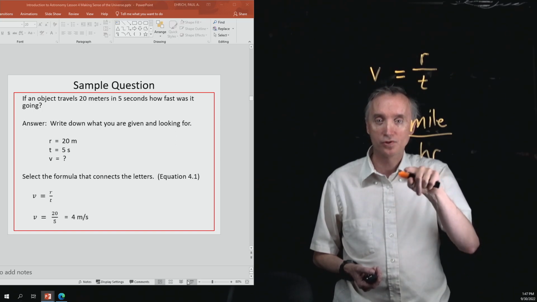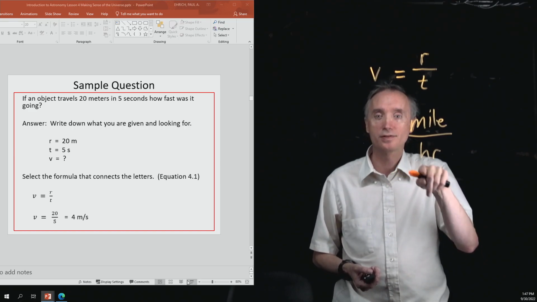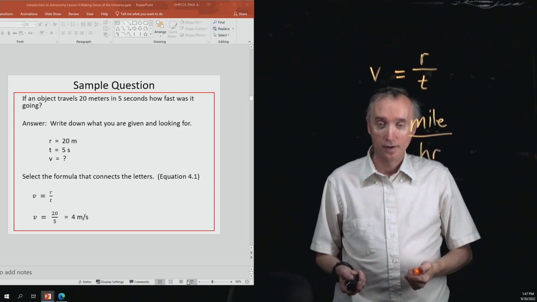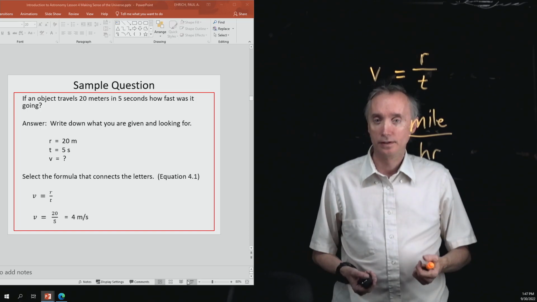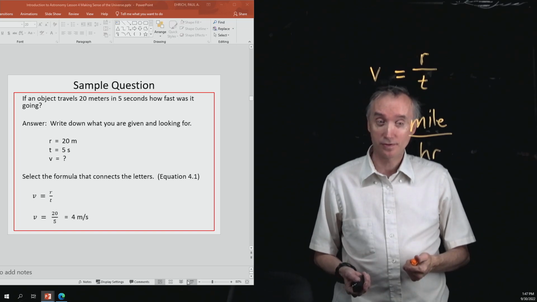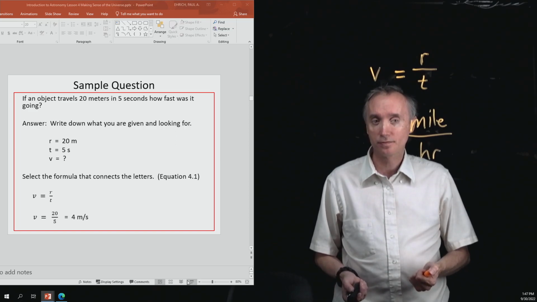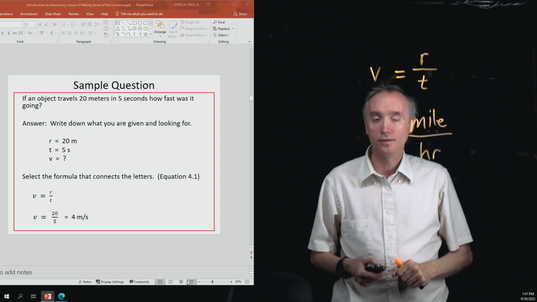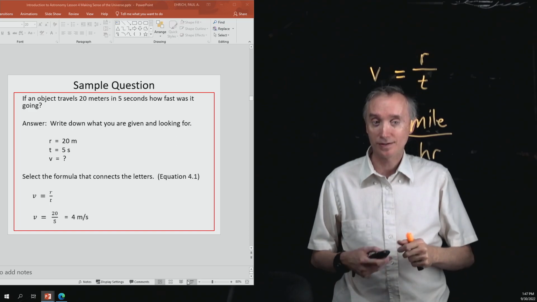So I'm going to write down 20 m, and then I'm going to write down 5 seconds, and I abbreviate the word seconds with the letter S. And now I say to myself, meters was a unit of what? It was a unit of distance, okay? And then what was my special letter that represented distance? That was the letter R up here. And then the letter that represents seconds, that's time, and so that's the letter T.